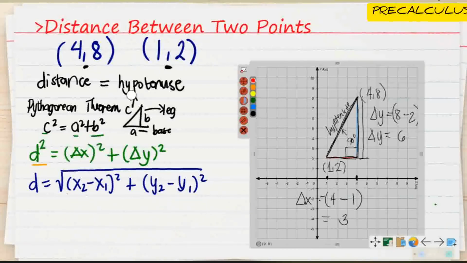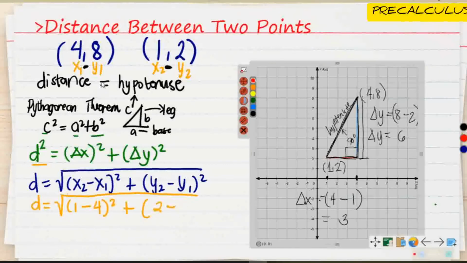So, gamitin natin to sa example natin. Halimbawa, ito yung x sub 1 natin, ito naman yung y sub 1, and then x sub 2 and y sub 2. Using the distance formula, d is equal to square root of x sub 2, which is 1, minus x sub 1, which is 4, squared, plus y sub 2, which is 2, minus y sub 1, which is 8, squared.